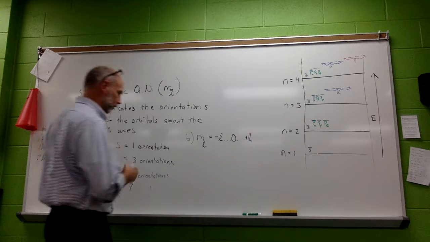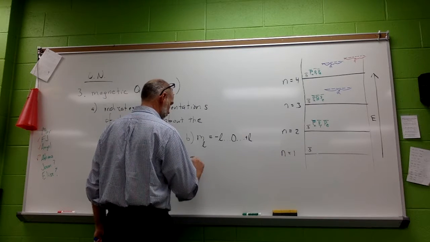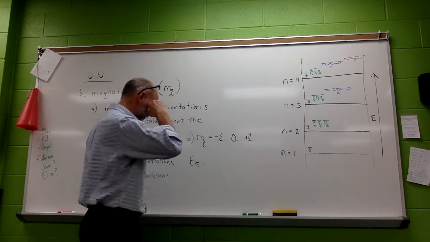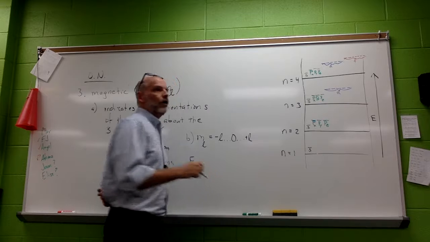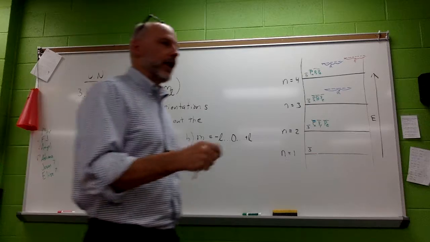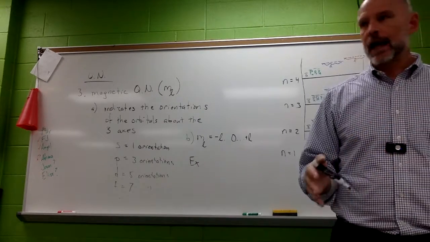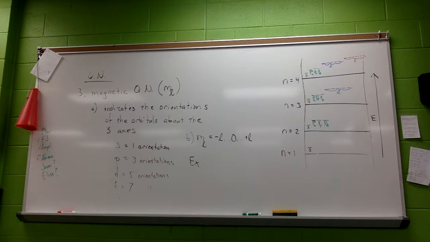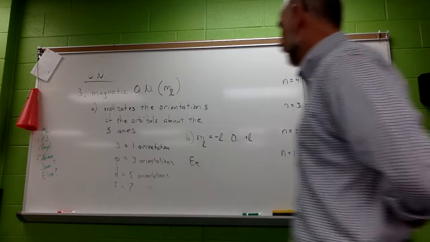So, for example, remember we talked about if you know all 4 quantum numbers, we know exactly where an electron is? Turns out each electron that exists in an atom has its own unique set of 4 quantum numbers. We're about to learn that. There's a principle named after it in a little bit.